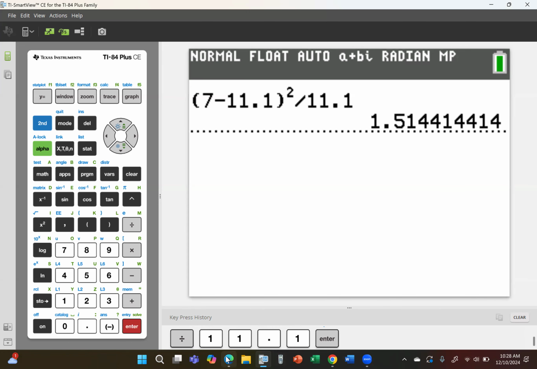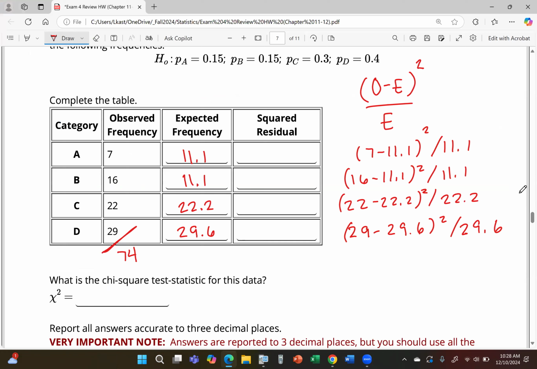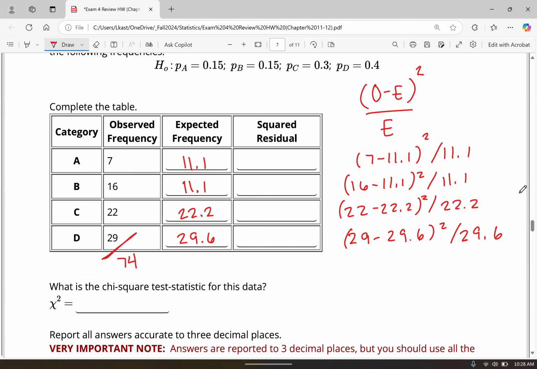So let's go input all that in here. I get 1.514 for the first squared residual. For the second squared residual, I get 2.163. For the third, I get 0.002. And for the fourth, I get 0.012.